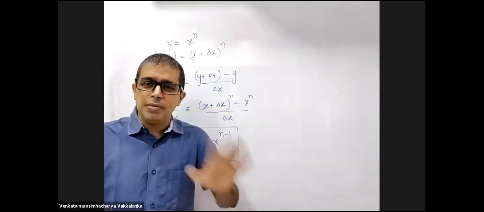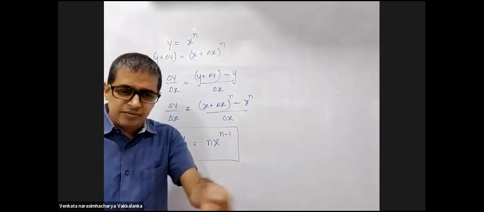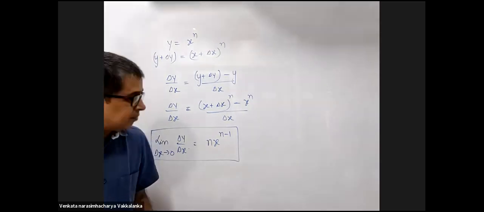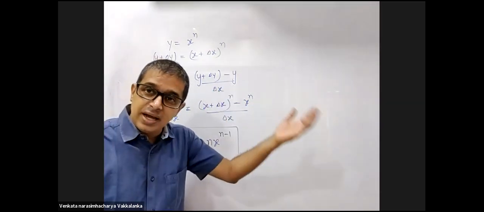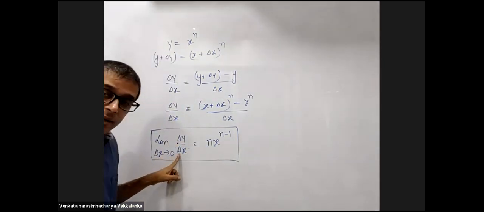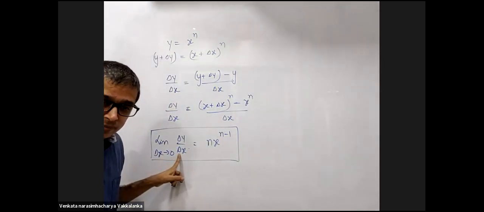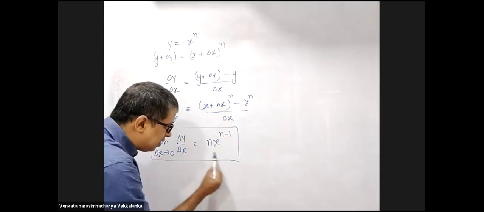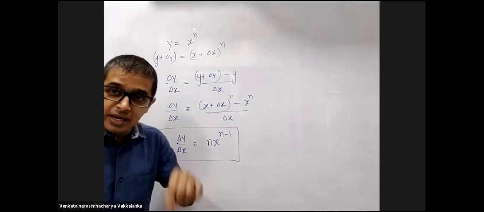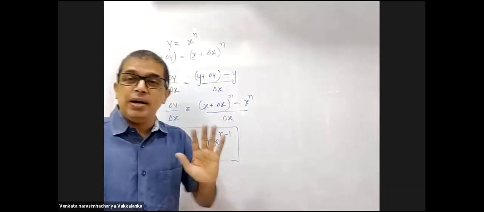It will be taught to you in a matter of 3-4 months. Within 3 months, you will reach there. Now, once you do that, higher powers of delta x are neglected when you are applying limit delta x tending to 0. Then this is the result that you will get: n x to the power n minus 1.